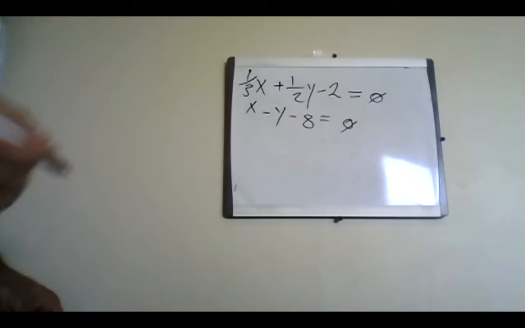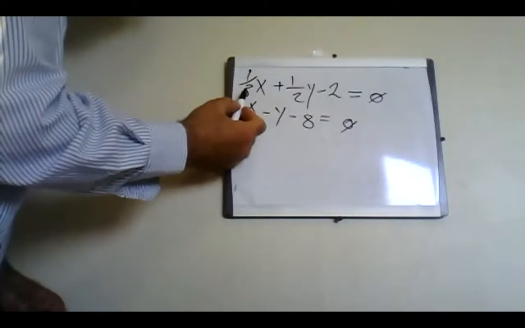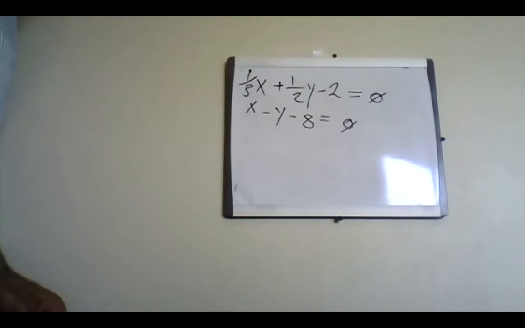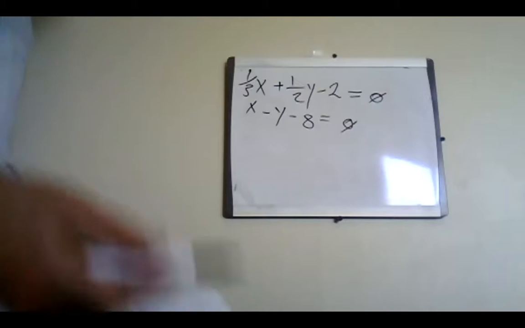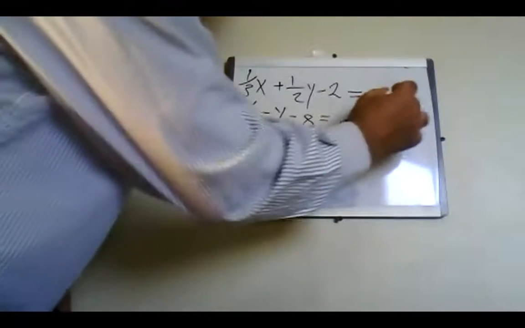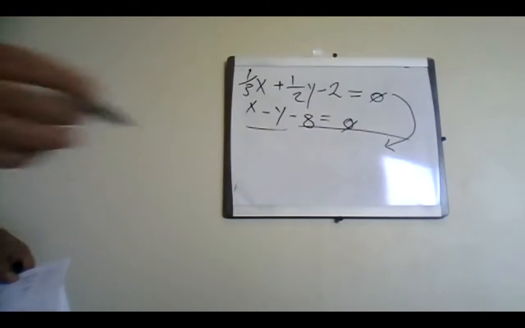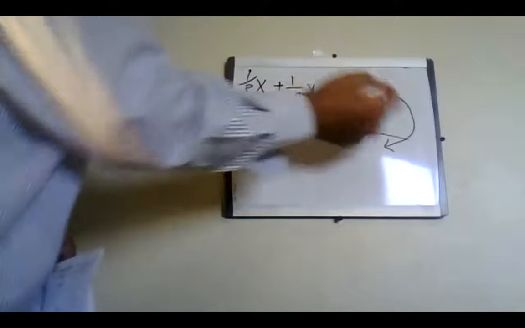But still I have a problem. I want to get rid of the 1/3 and 1/2 because they are fractions. I can't work like this. Let's take the first equation. First we move the minus 2 to the other side.